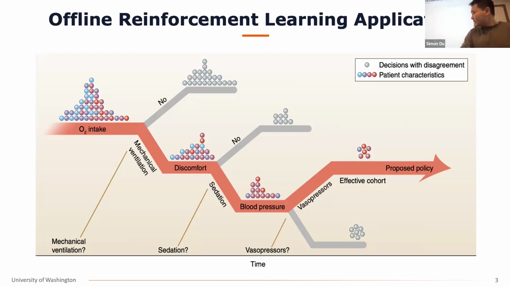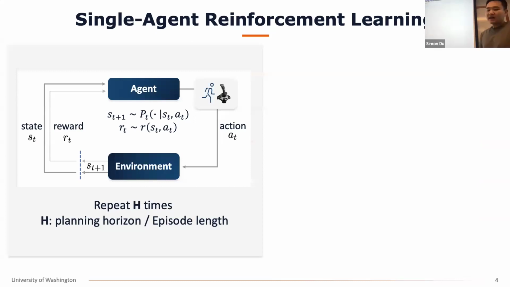Let's discuss the setup here. This is a standard single agent reinforcement learning. To be more rigorous, we have an agent interacting with an environment. It has several time steps. At time step t, the agent is at state s_t, and this agent will take some action a_t based on the state s_t.